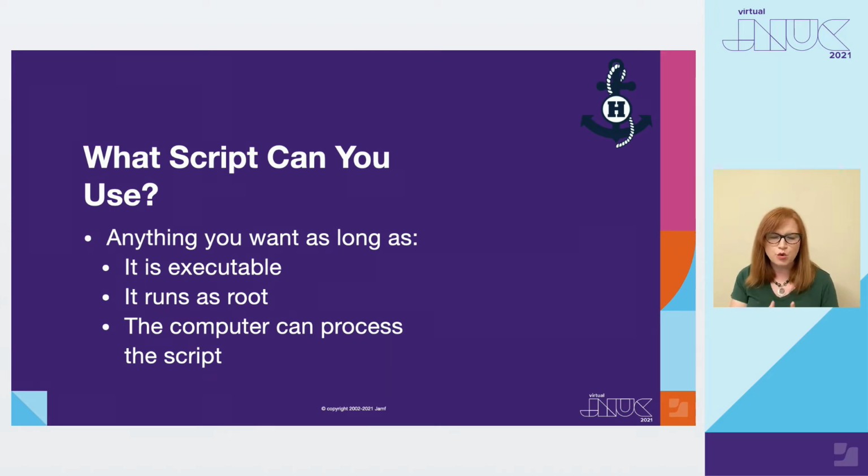So if you are pushing out a launch daemon through Jamf onto a computer, you need to make sure that that computer would be able to run that script not in a launch daemon. So if you're using Python, if you're using Z Shell, if you're using Swift, you just have to make sure that that computer would be able to run it.